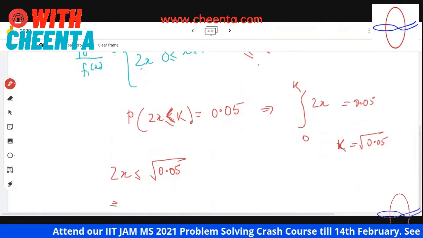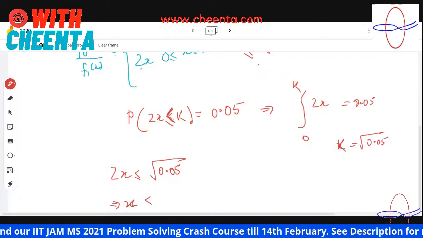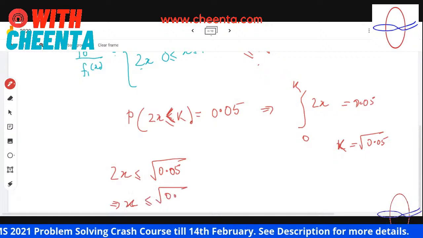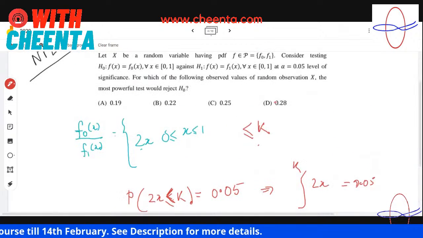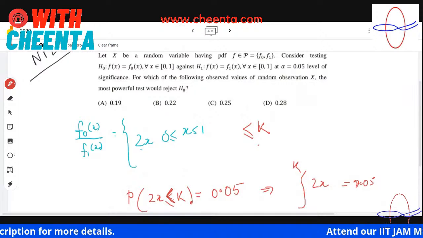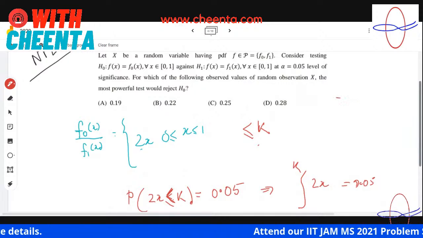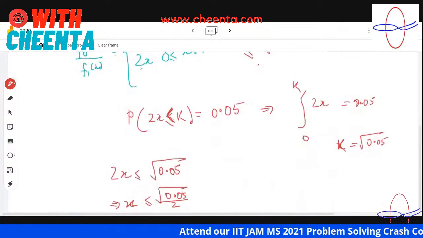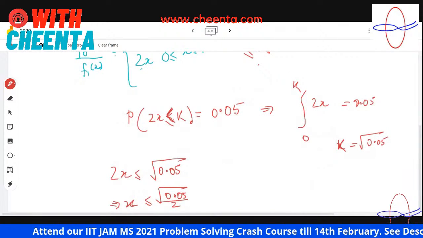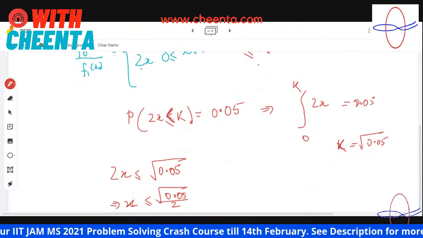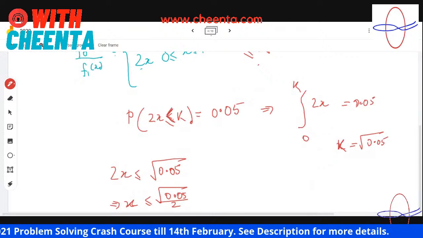So therefore x is less than or equal to root over 0.05 by 2. So we're going to reject H naught. So let's find out root 0.05 divided by 2.